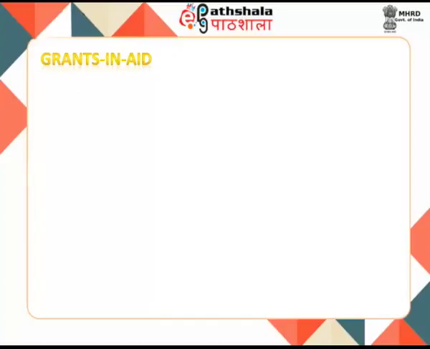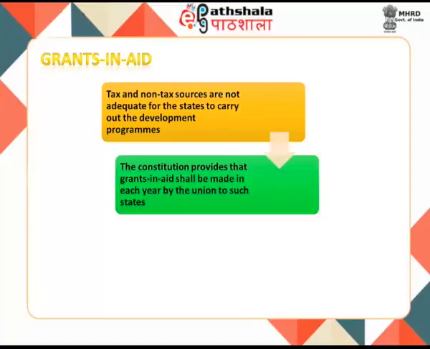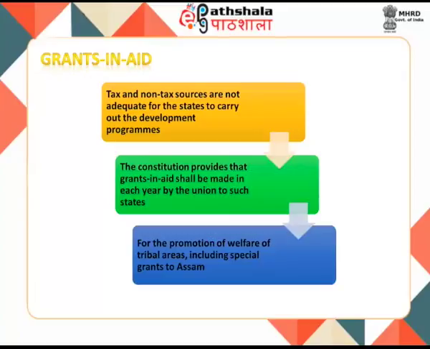Grants in aid. As tax and non-tax sources are not adequate for the states to carry out the development programs, the Constitution provides that grants in aid shall be made in each year by the Union to such states as Parliament may determine to be in need of assistance, particularly for the promotion of welfare of tribal areas, including special grants to Assam.